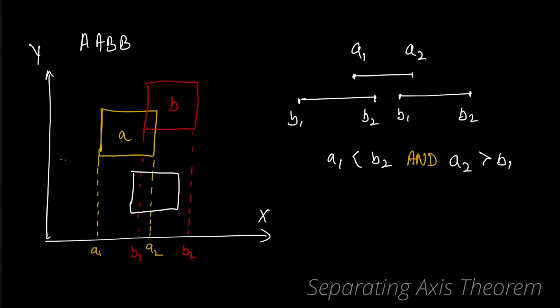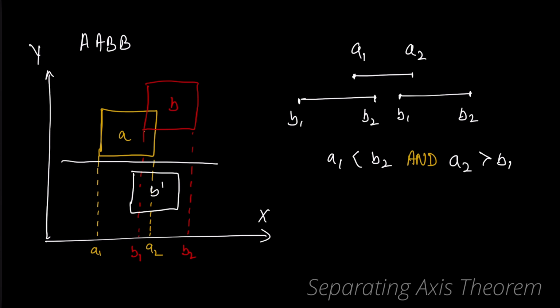Because we have this line here separating both of those boxes. Let's say this was B prime, right? So we do the exact same thing for convex polygons. It's just that we no longer have just the x and y axis, we have multiple axes that we need to check. And we will take a look at how we find those axes.